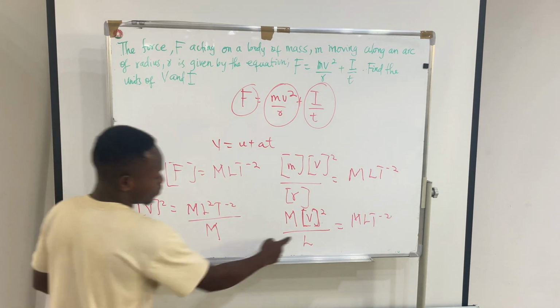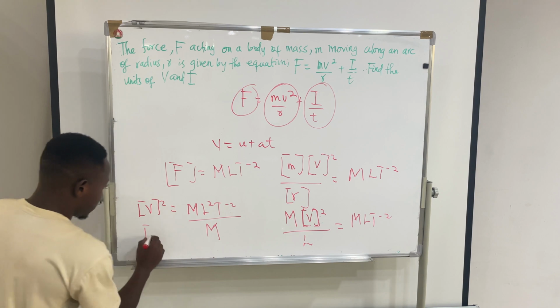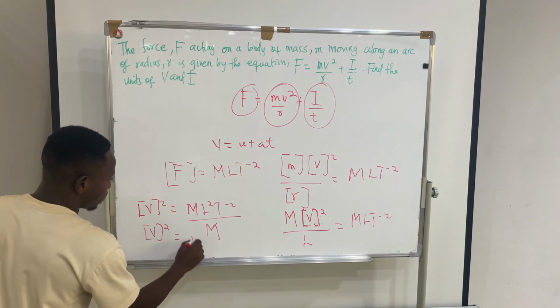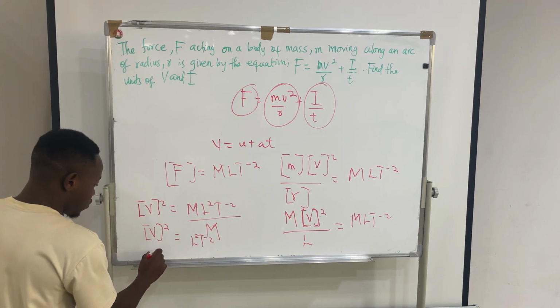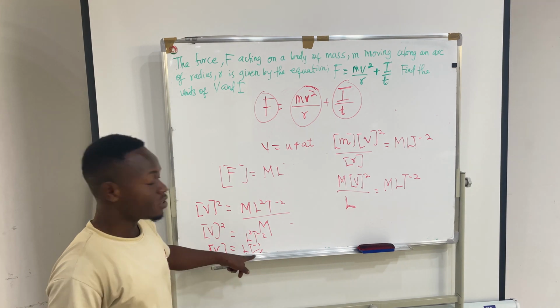L goes here, and then M divides it. So simplifying, the dimensions of v squared will be equal to L squared T minus 2. And so the dimensions of v will be equal to L T minus 1. These are the dimensions of v, L T minus 1.